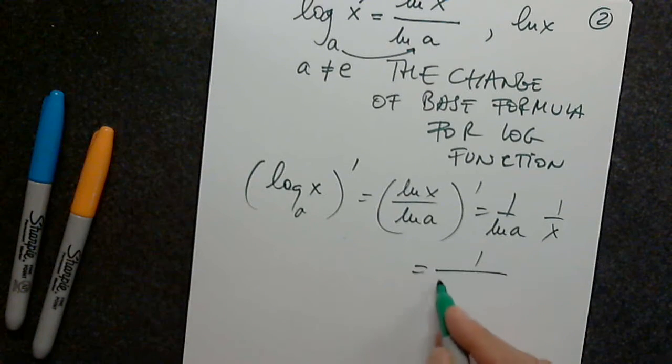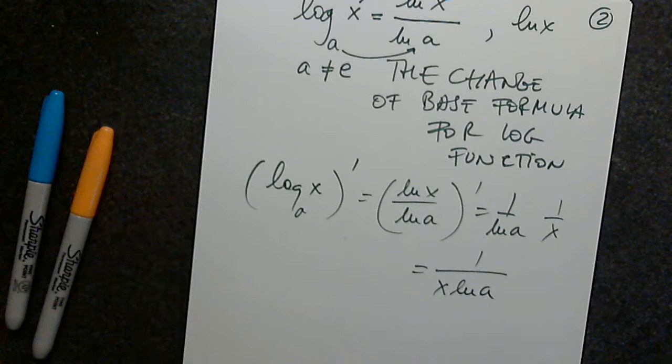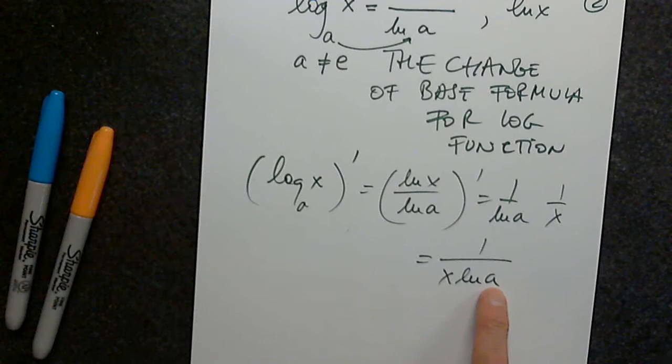So to answer your question, if you apply log base 10 to both sides, then the answer in the denominator has to be multiplied by natural log 10. So see, if A is E, then this is 1.